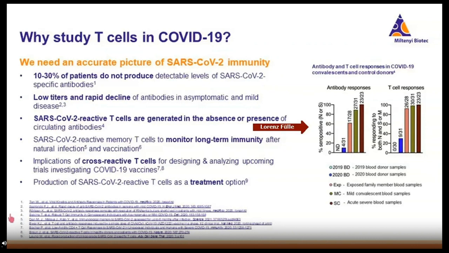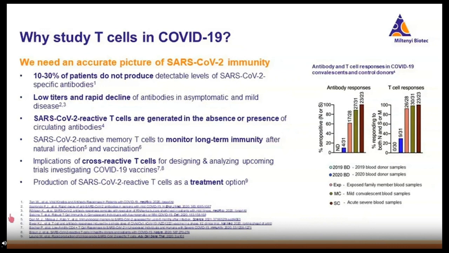Also importantly, the analysis of SARS-CoV-2 reactive T cells can also be used to monitor long-term immunity, be it after natural infection or also after vaccination. And also particularly in regard to vaccines, it will be very important to study the implications of cross-reactive T cells.